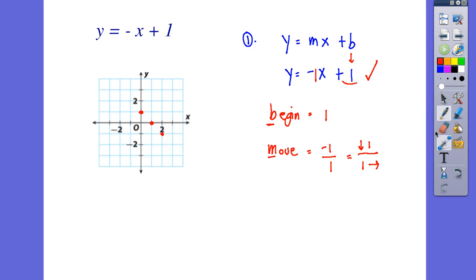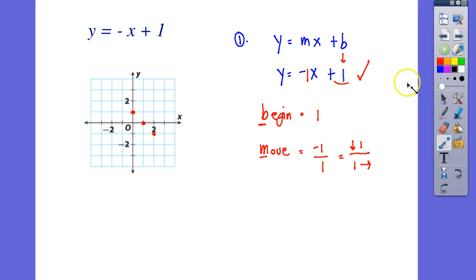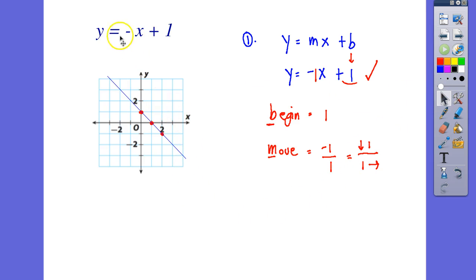Once you have at least 3 points, go ahead and connect those points. So there you go. That's the graph of the equation y equals negative x plus 1. Beginning point is at 1, and then you went down 1, 1, 1 down, 1 to the right.